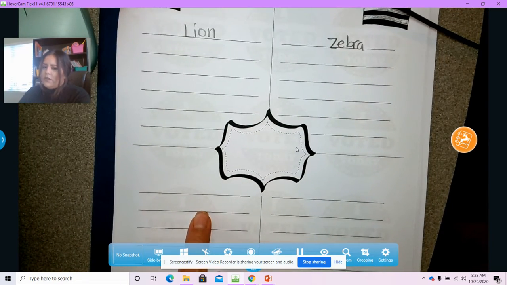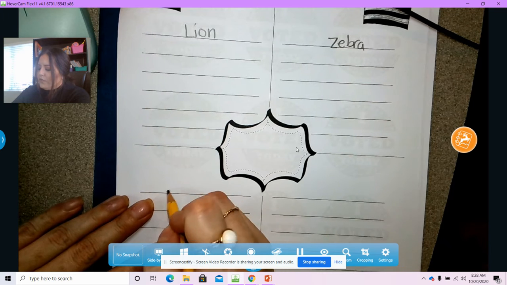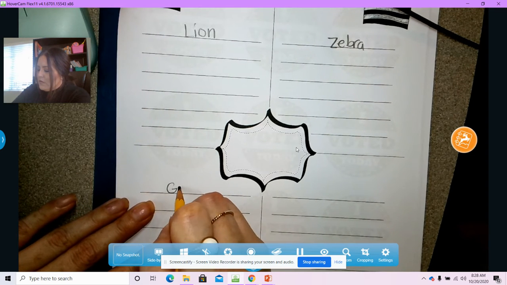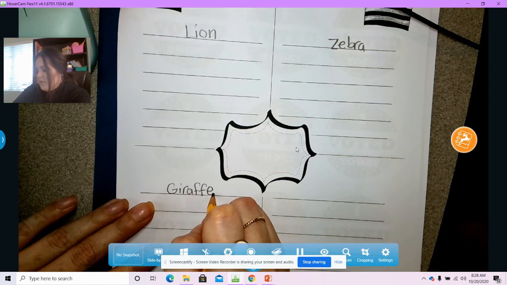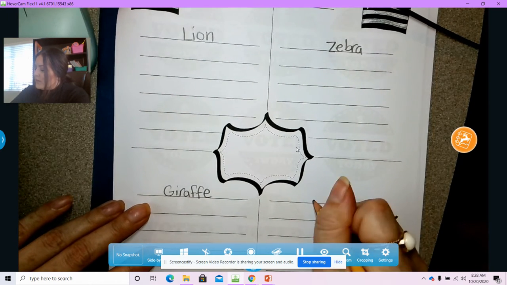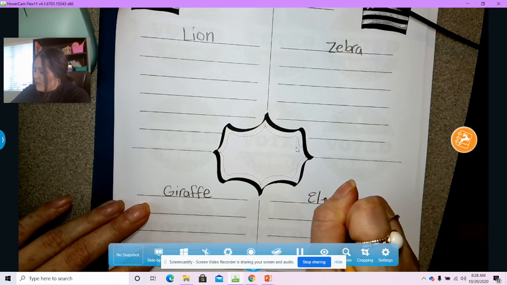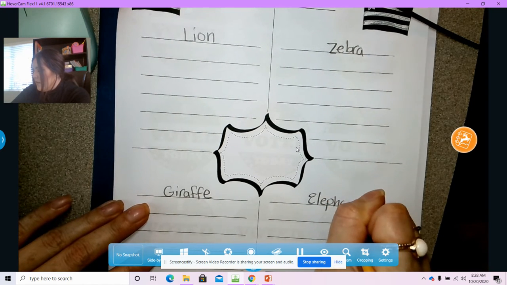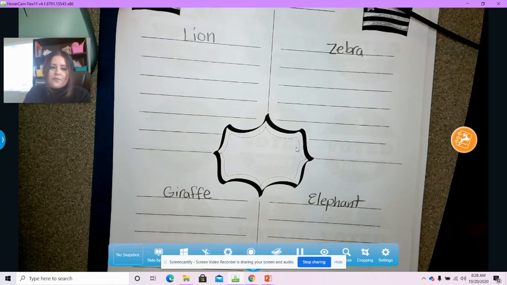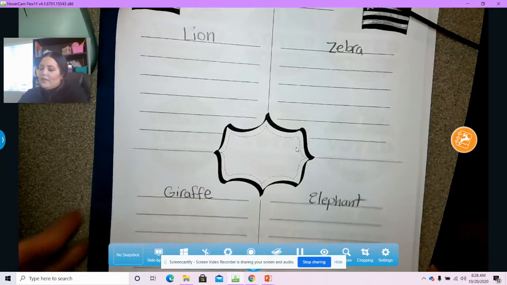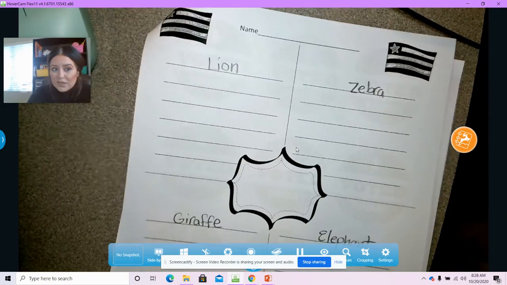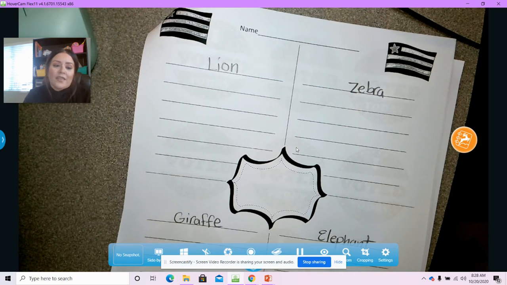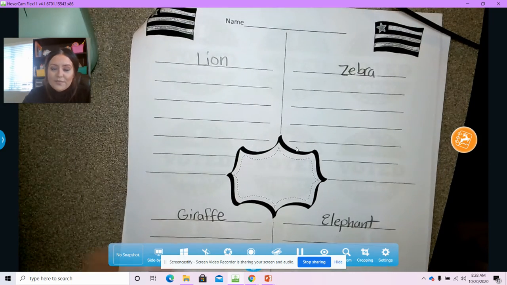And then down here, we will write giraffe. And our last one is the elephant. Okay, this is going to be a lot of writing, so I think that for this assignment, you could do a little bit now, and then pause it, and then do a little bit later, okay?